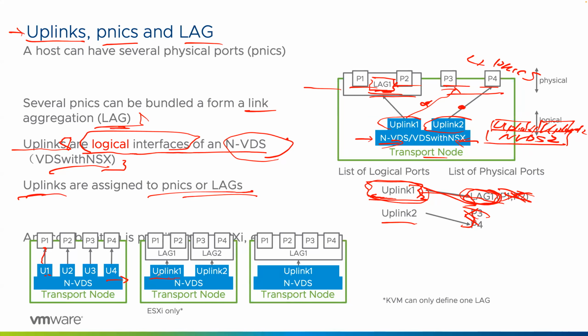Uplink 1 goes to LAG1, uplink 2 connects to LAG2. And the third one is uplink 1, the whole uplink 1 goes to the whole LAG1, which includes 4 physical interfaces. So these are two concepts decoupled from each other.